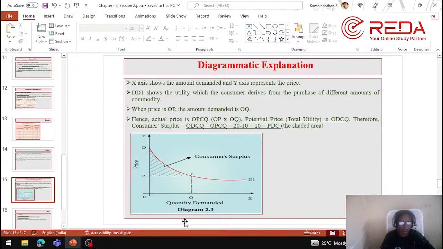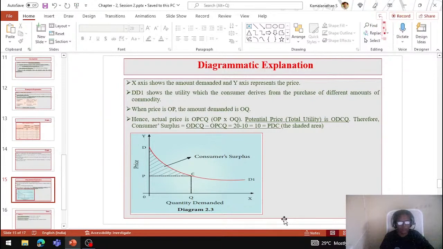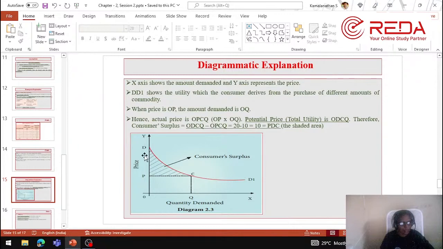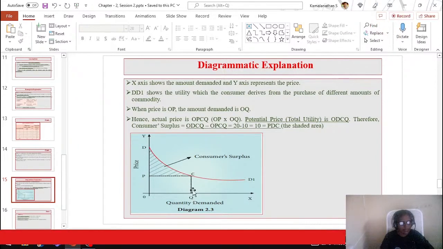That amount is 0DCQ, the portion where I'm willing to pay money for purchasing the commodities. The amount I allotted is 0 to D, but the price level is very less.